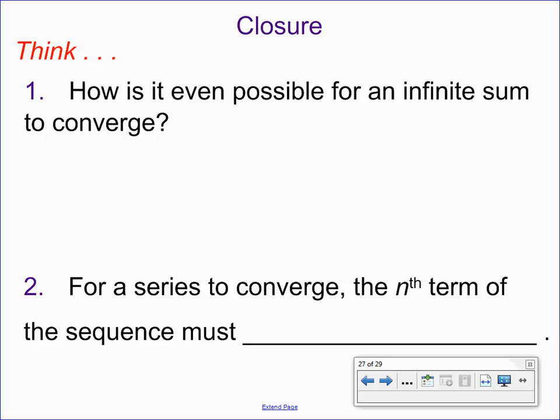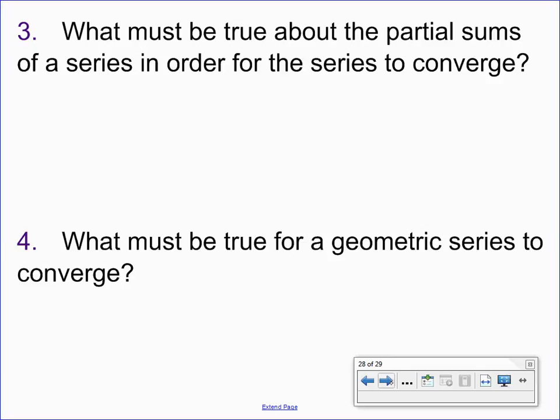For a series to converge, the nth term of the sequence must do something. It has to do something specific. What must be true about the partial sums of a series in order for the series to converge? And what must be true for a geometric series to converge?